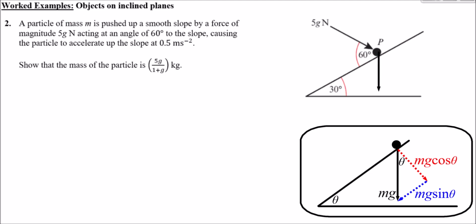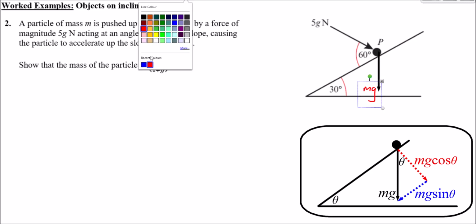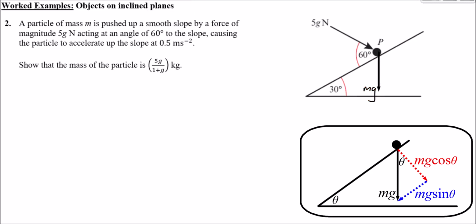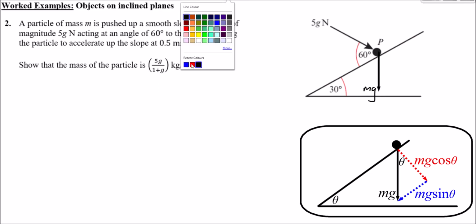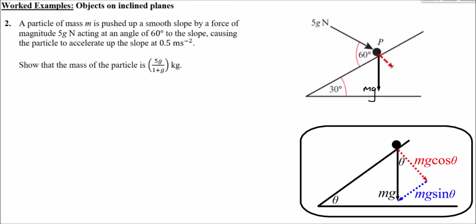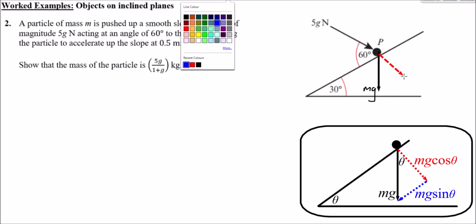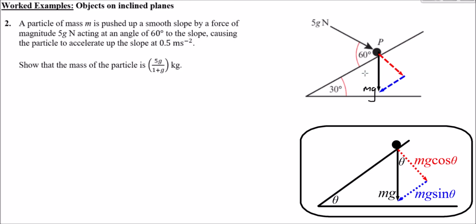Its mass is m, so its weight is just mg. So then we've got here going down perpendicular to the slope, and also we'll have a component going parallel to the slope.